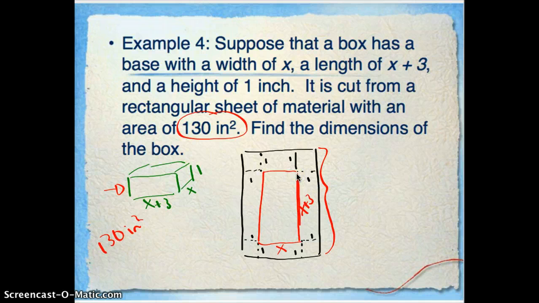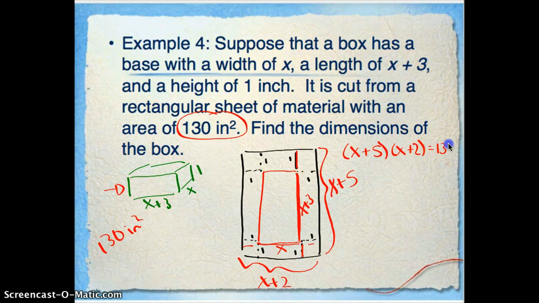If this side right here is x plus 3 of the box, and I also have a 1 here and a 1 here, it looks like this entire side would be an x plus 5. This side right here, if just the little part in here was x and I have another 1 and a 1, this side is x plus 2. So I know that the quantity x plus 5 times the quantity x plus 2 should equal 130.